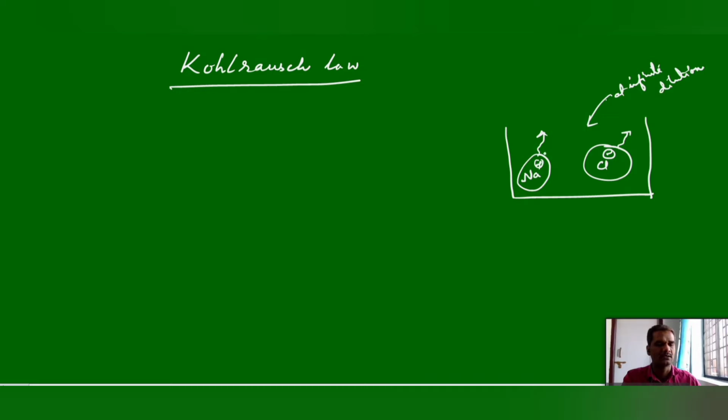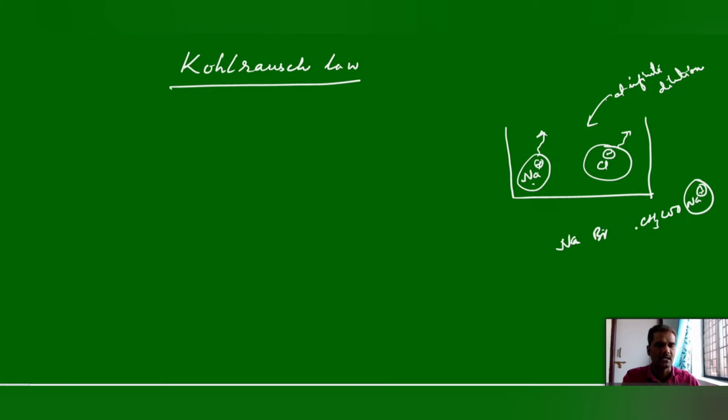Whatever the source of the sodium, if you take sodium chloride, the sodium ion is coming from NaCl. If you take sodium bromide, again at infinite dilution the sodium ion is coming from sodium bromide. Or you take sodium acetate, it doesn't matter.